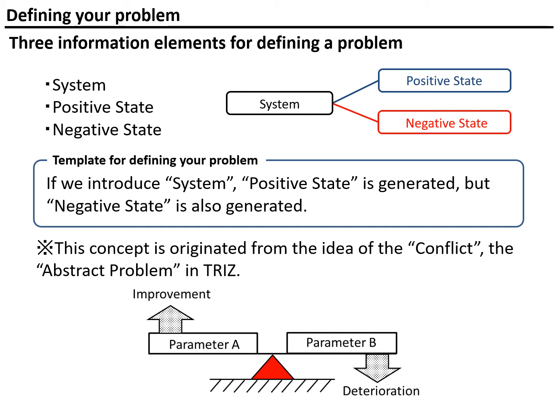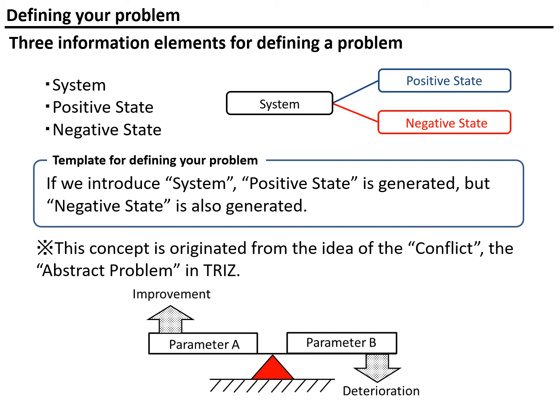Now, if we introduce system, positive state is generated, but negative state is also generated. This concept originated from the idea of the conflict, the abstract problem in TRIZ. I already mentioned that TRIZ methodology defines a problem as a situation that when we want to improve something, something else gets worse. So this is a situation or problem.